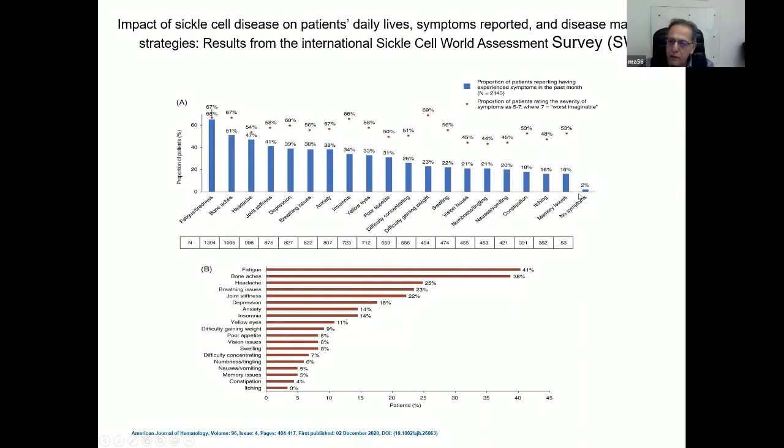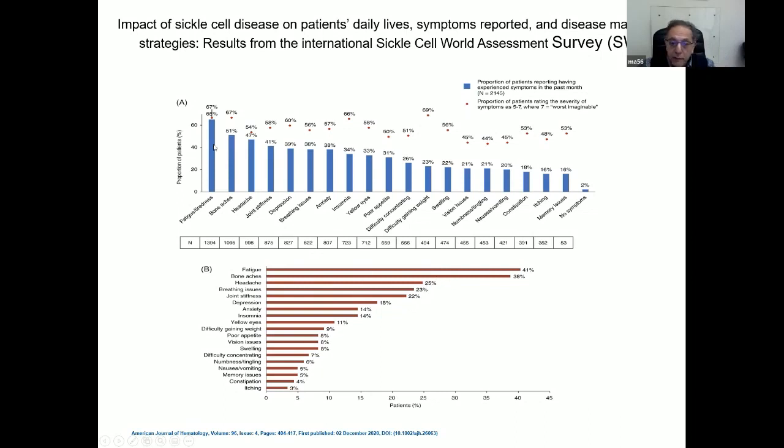Very few patients, 2%, said they had no issues at all. Again, here are the percentage of patients who expressed that these problems were severe, severity between 5 and 7, 7 being the worst.